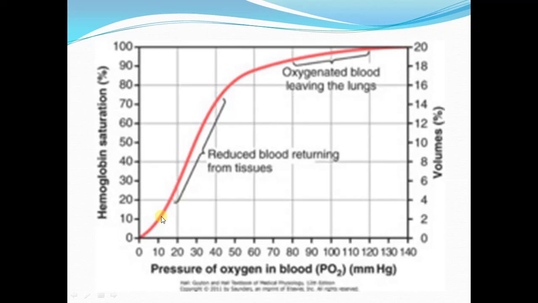Now we can see from this curve that the relationship between the partial pressure of oxygen and the percent saturation of hemoglobin is not a linear relationship. This curve is not linear, which means that by doubling the partial pressure of oxygen, the percentage saturation of hemoglobin is not doubled.